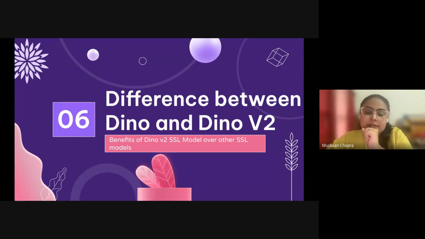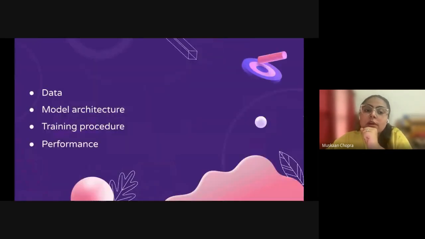Some major differences which we need to point out between DINO and DINOv2 are, first, data. Meta DINO was only trained on ImageNet, which has approximately 1 million images, while DINOv2 was trained on a larger dataset. Images were curated from a smaller dataset, and it was approximately 1.3 billion.